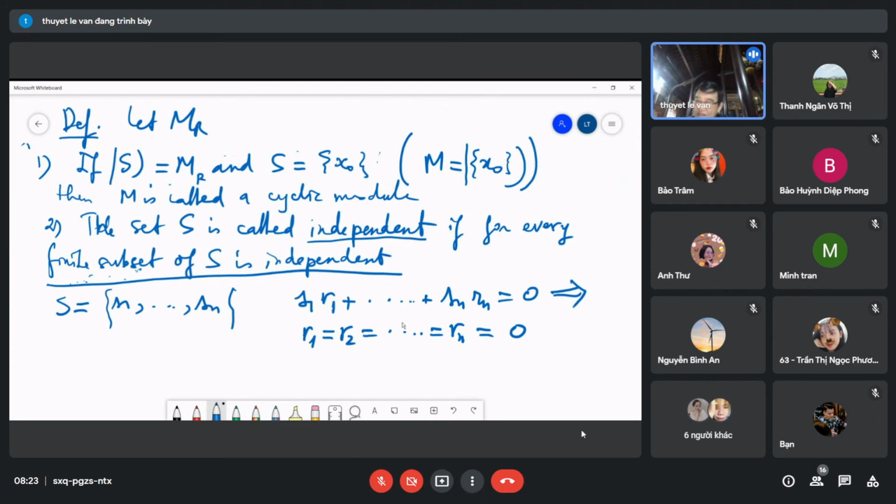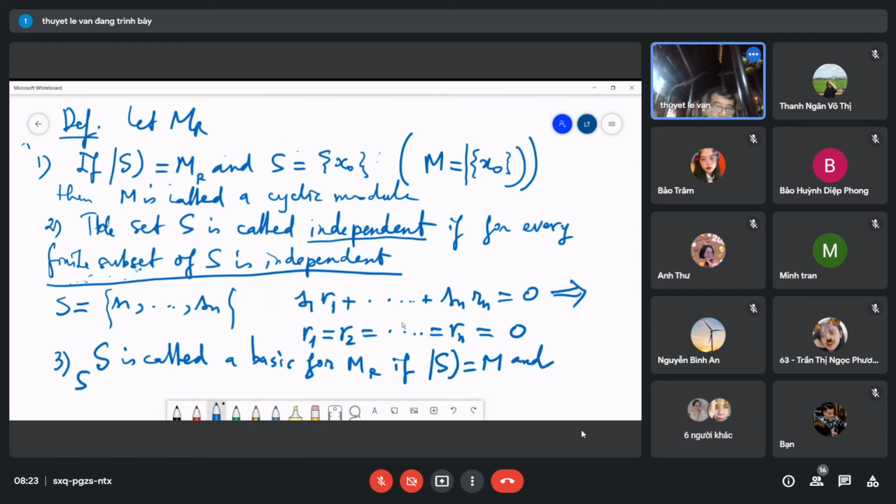And we have the definition same as in vector space, that S is called a basis for M if S is a generating set and S is independent.